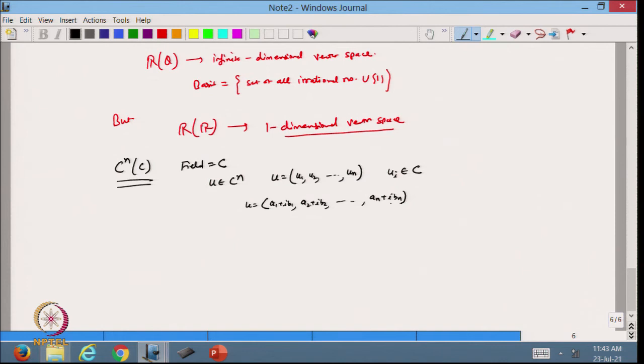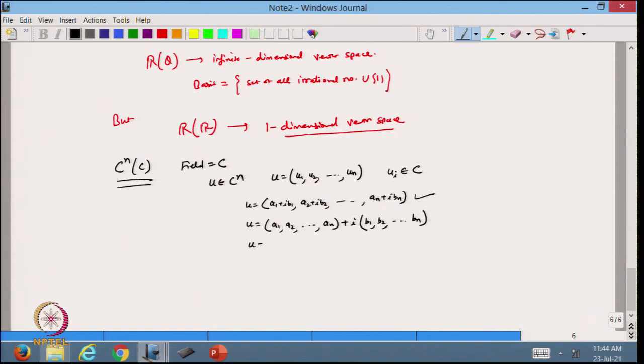So, this is one of the vectors in Cn. Similarly, I can define another vector v. Now I can write my u as a1, a2, an plus i times b1, b2, bn.